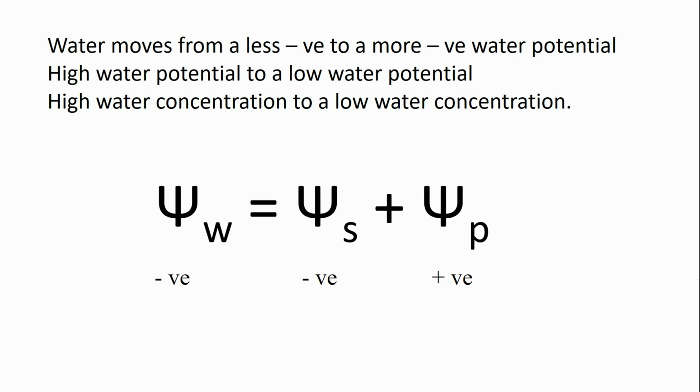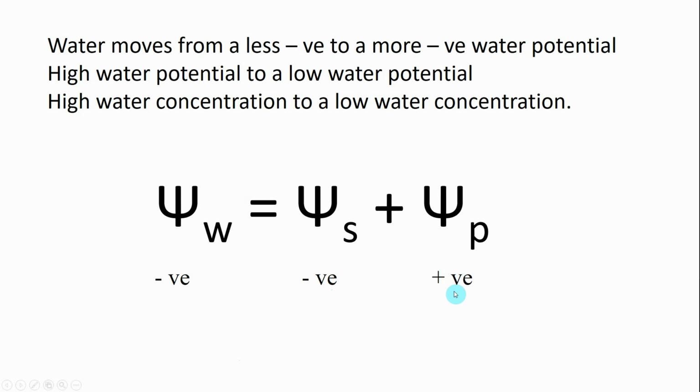When you add solutes and you keep the pressure constant, the water potential becomes more negative. If you keep your solutes constant and you increase the pressure, the water potential decreases. So you might even want to do arrows here. As the solutes increase, the water potential increases.